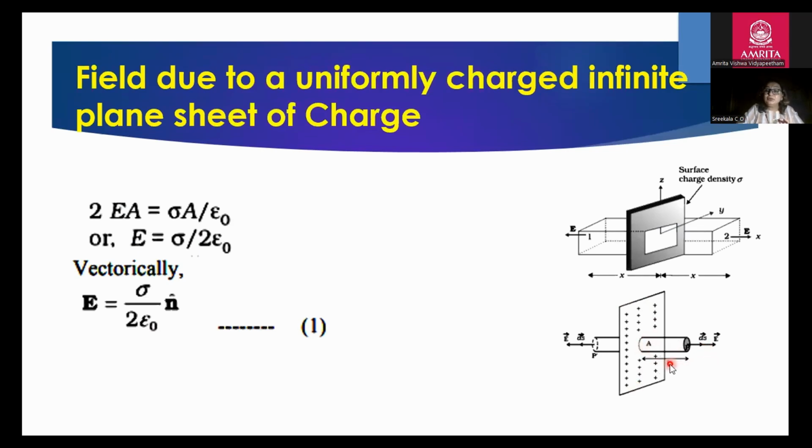Though it is shown as r like this, actually the distance r is very small, very near to the charge. The point P is very near to that sheet.